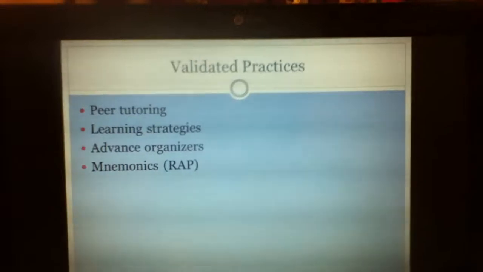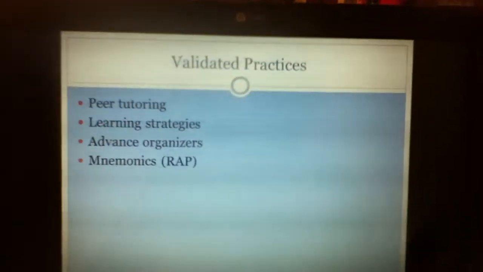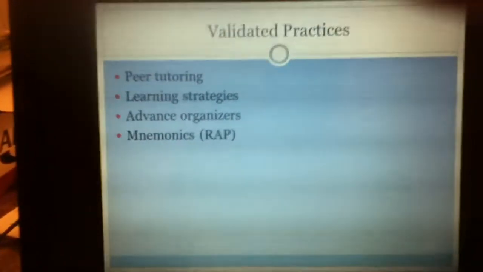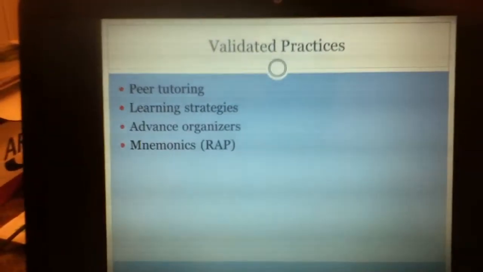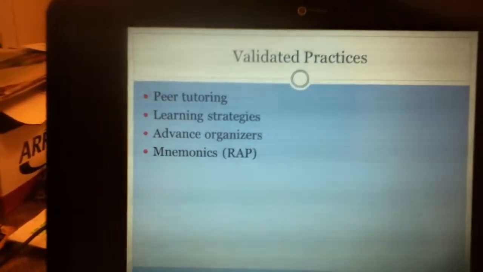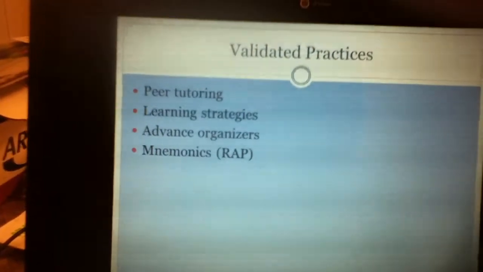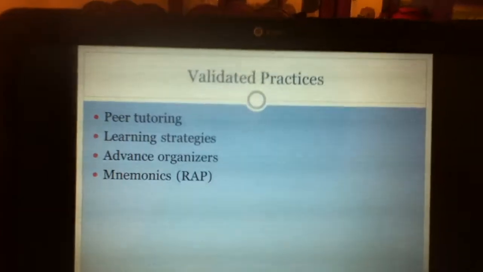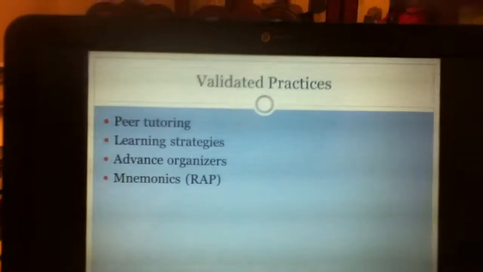And then the validated practices, which are peer tutoring, which is just students teaching each other, learning strategies, advanced organizers, and mnemonics. And that's just merely aids that can help people remember things. I kind of like to remember that as just a muscle memory for the brain.